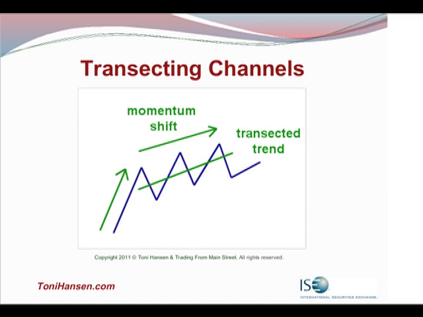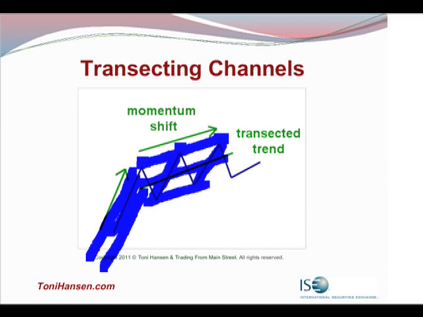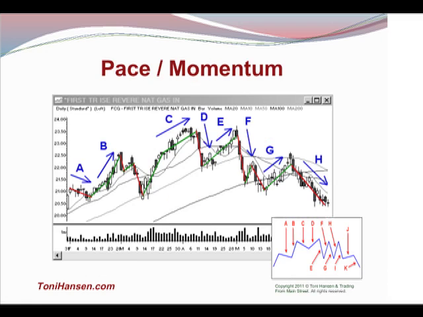So we might have a strong upside move to begin with, but then the momentum might shift, and we'll see a slowdown where even though each of these higher highs is established by a momentum move that seems to be similar to the previous one, if we actually connected the highs and connected the lows compared to doing the same thing over here, we would see that the momentum has shifted. So when I'm looking at pace, I want to transect, or basically cut in half, those trend channels.